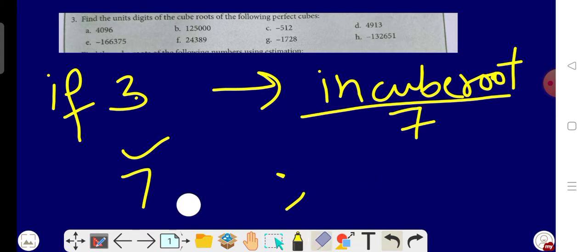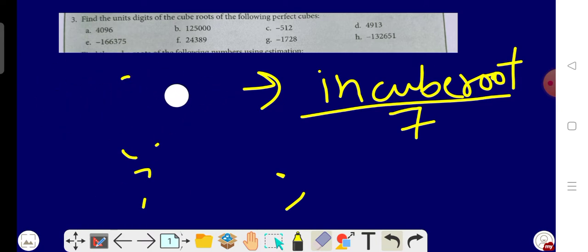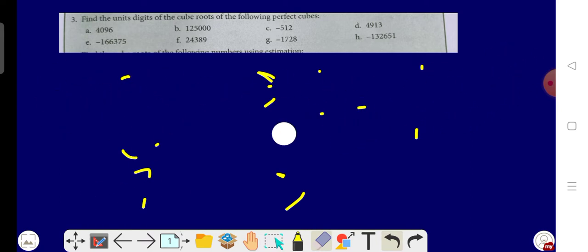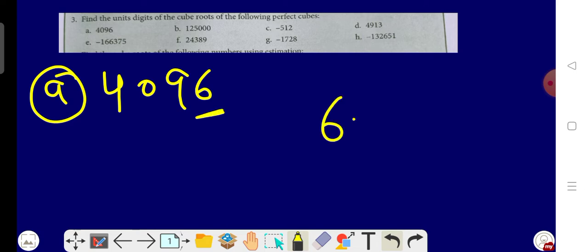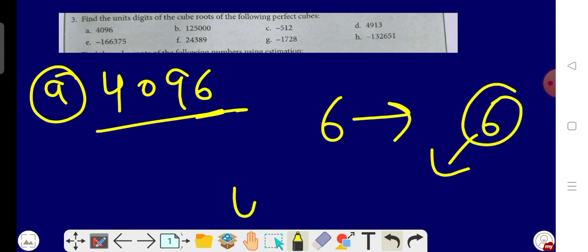So look at the solution of question number 3. Look at the A part. In the A part we have given 4096. What is the unit place digit? 6. This implies that the cube root of this number also has 6 as the unit place digit.